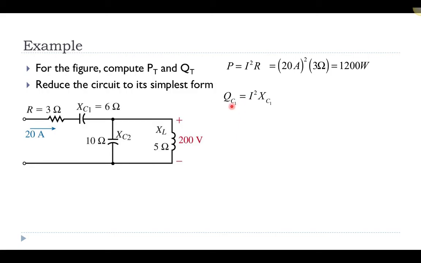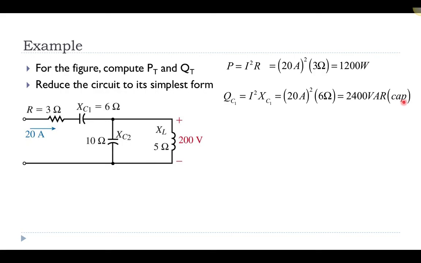So I can find the reactive power for capacitor 1. I know it has a capacitive reactance of 6 ohms, and I know the current is 20 amps. So I have 20 amps squared times 6, and that is 2,400, and the different units here, right, are going to be VAR units.